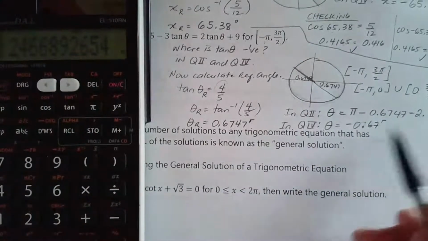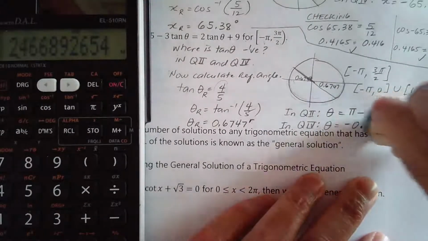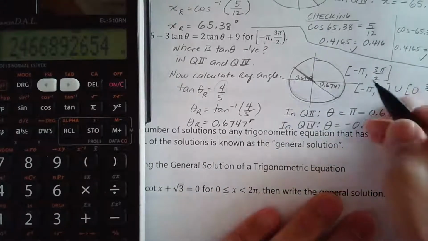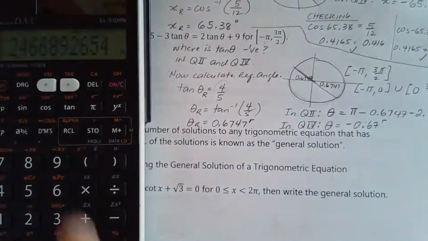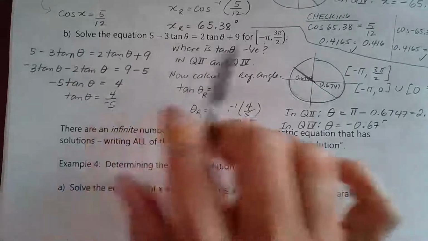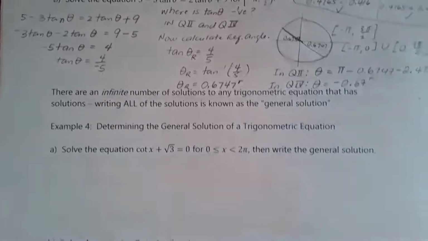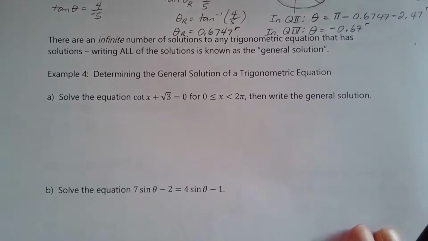So these are the only two solutions within this domain. I won't do the checking on that one; I will let you do the checking if you want to. I'm trying to save a little bit of time.